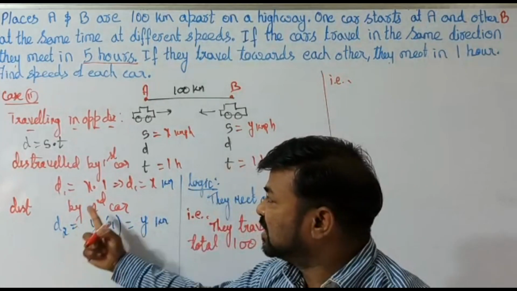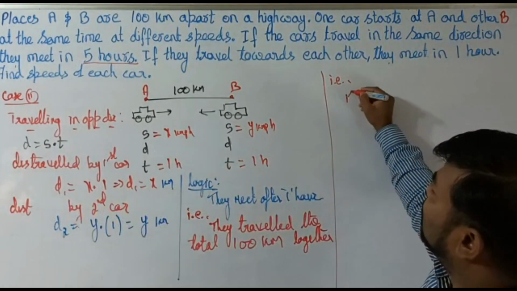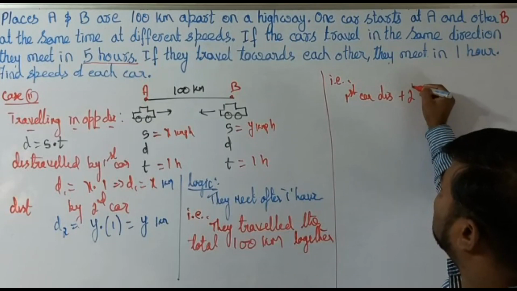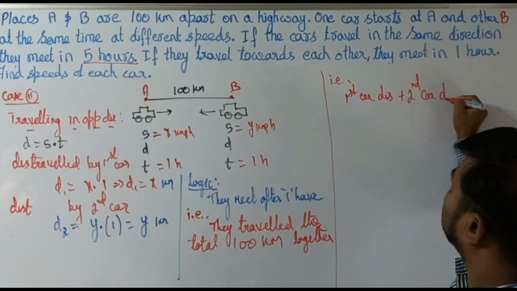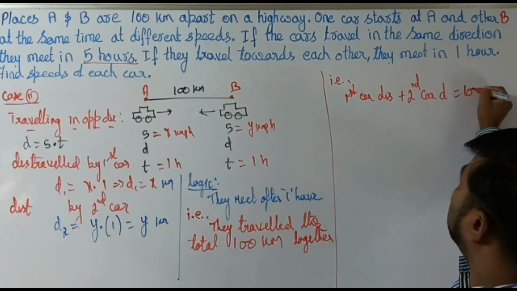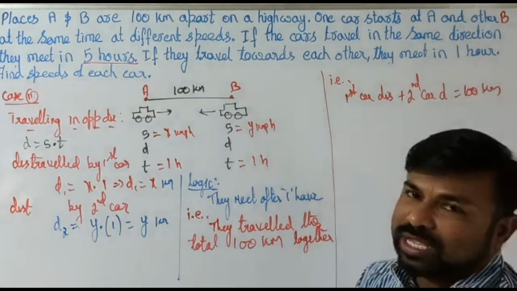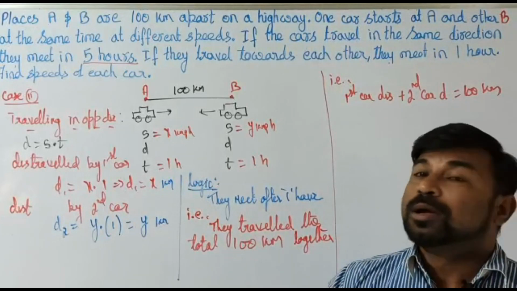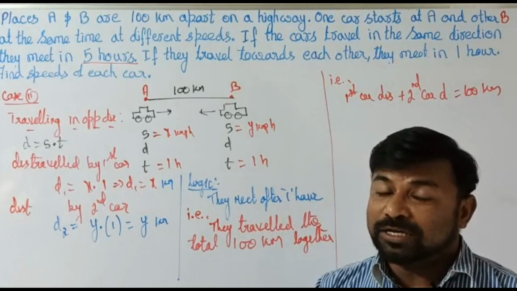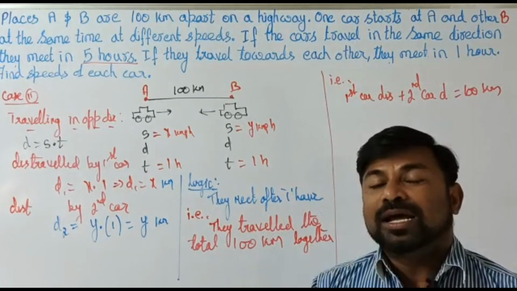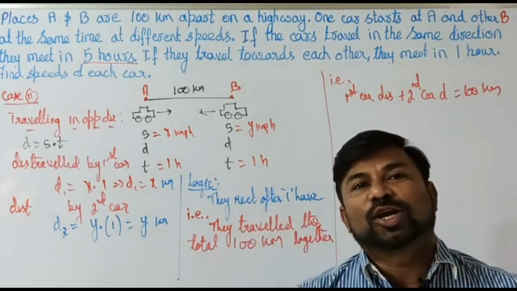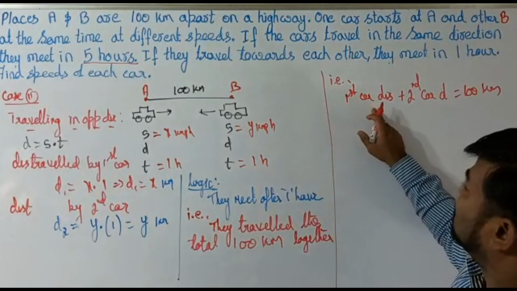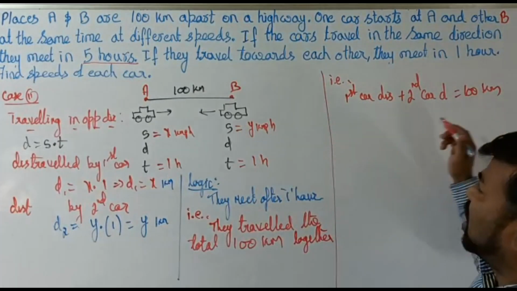That is, the distance of the first car plus the second car's distance equals 100 kilometers. At which point they meet, we are least bothered. But they met. Met means both of them together completed the 100 kilometers. That is, first car distance plus second car distance is equal to 100 kilometers.